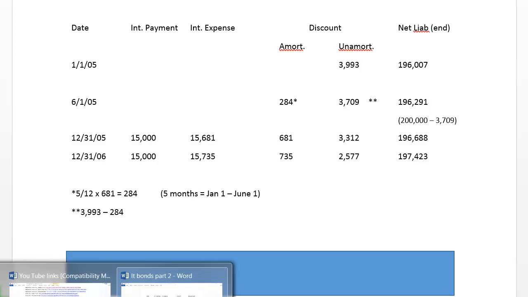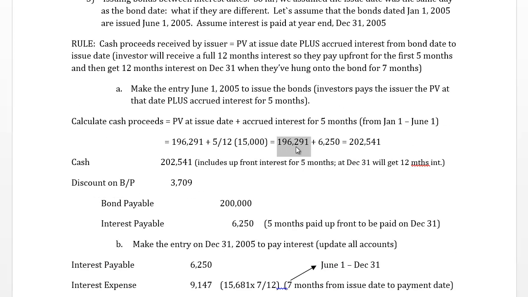So that's how I got this number. Added to this, I get $202,541. So now that's the amount of cash I'm going to get. The present value at issue date plus the interest for 5 months up front, because at December 31st, they're going to get a full 12 months interest. The 5 months they've prepaid at June 1st and the 7 months they've earned in interest from June the 1st to December 31st.